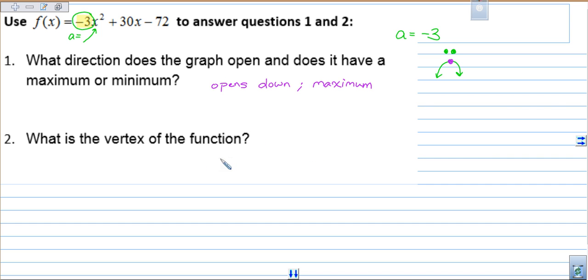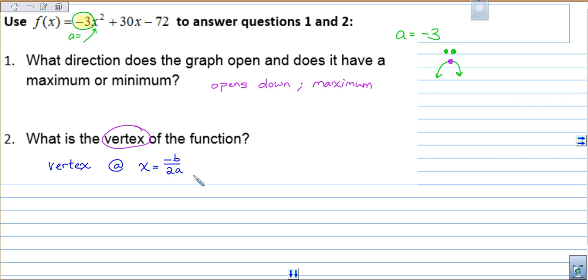Now, let's look at question 2. It says, what is the vertex of the function? So when we need to find the vertex, it is found at x equals -b over 2a.